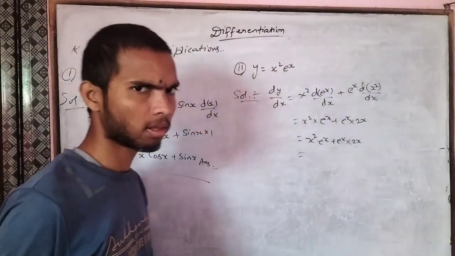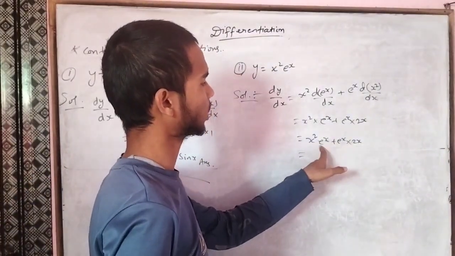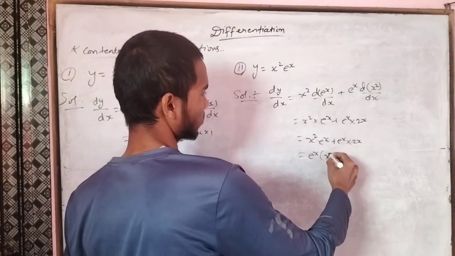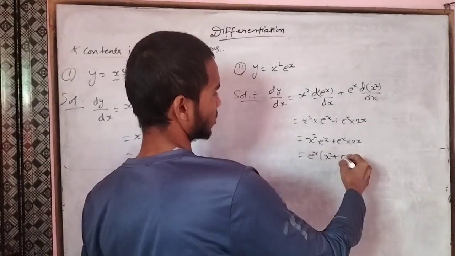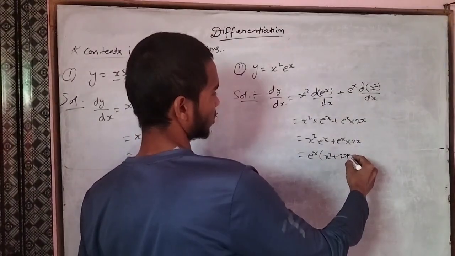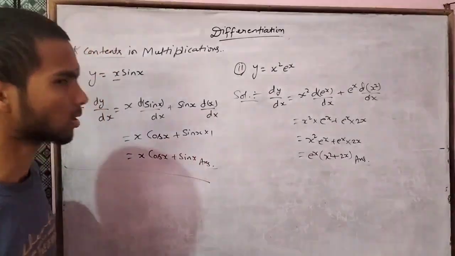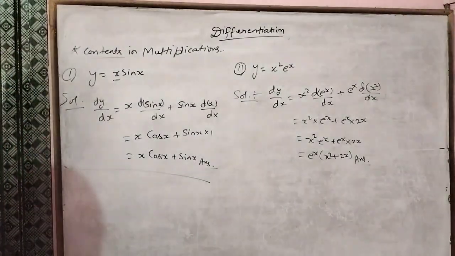Here we can see a common e^x, so we can put e^x one time. This is the final answer.